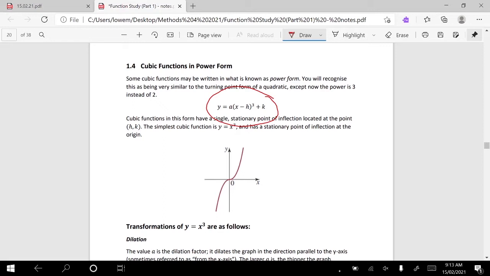Where you've just got any x terms in the brackets raised to a power.